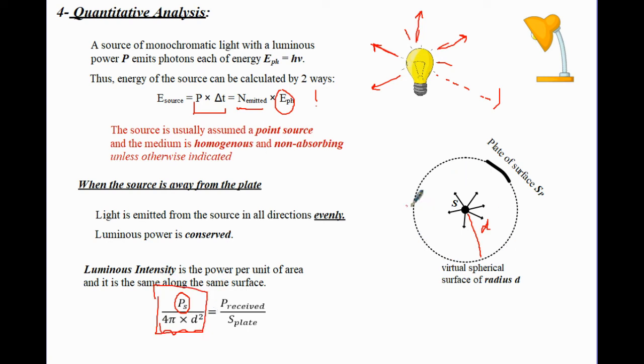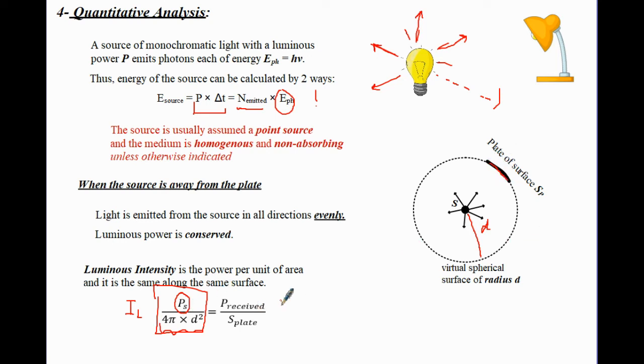From that, intensity I, let's write it here, I luminous, I'll add it IL so that we won't confuse IL with current later, equals the power received by this plate divided by the surface of this plate. So we use this here to link the power of the source to the power received by the plate.